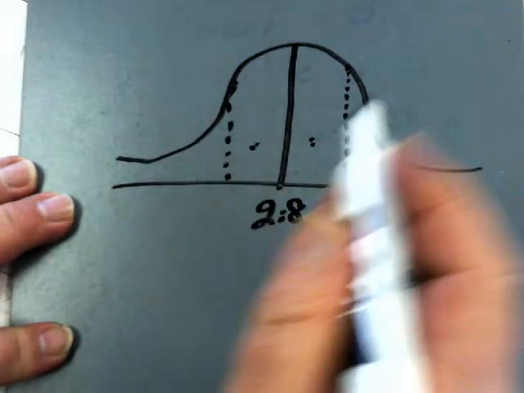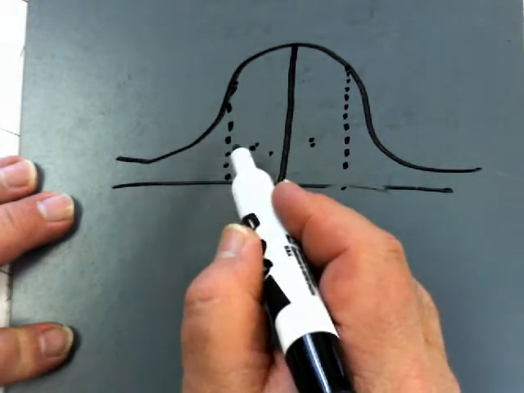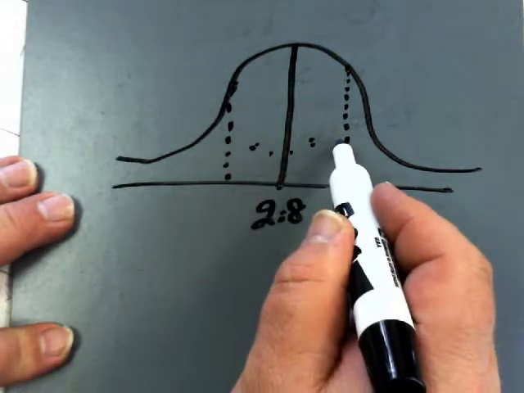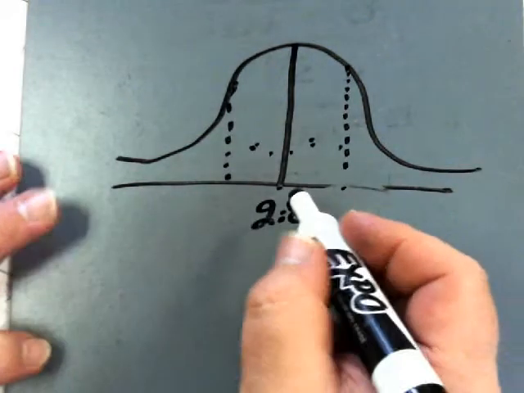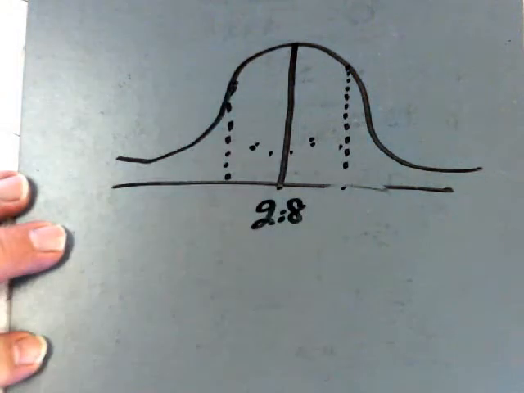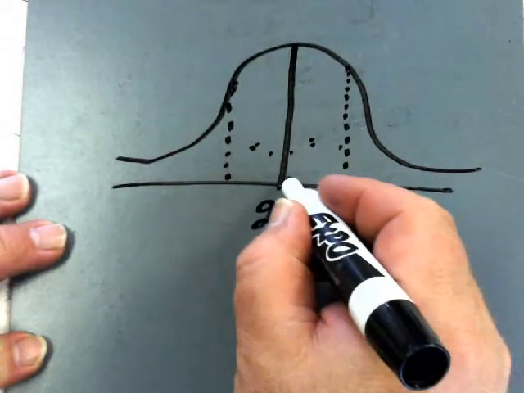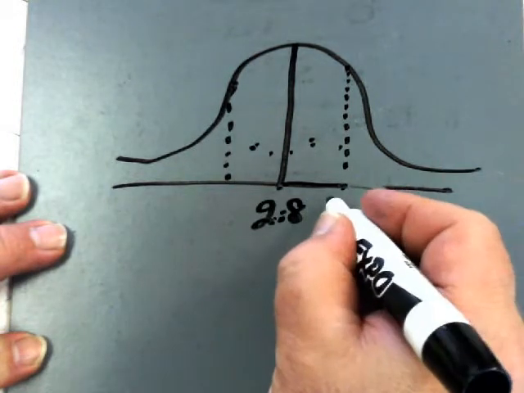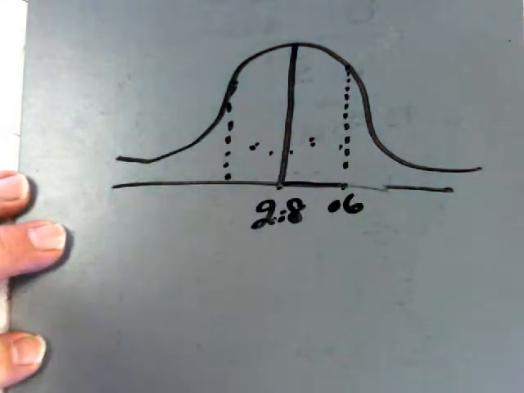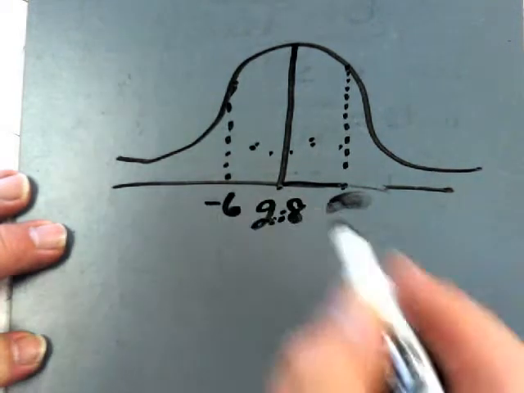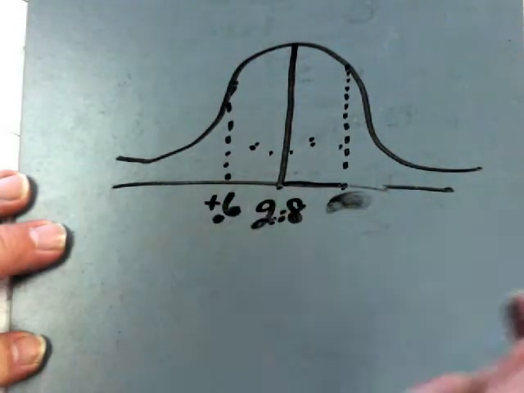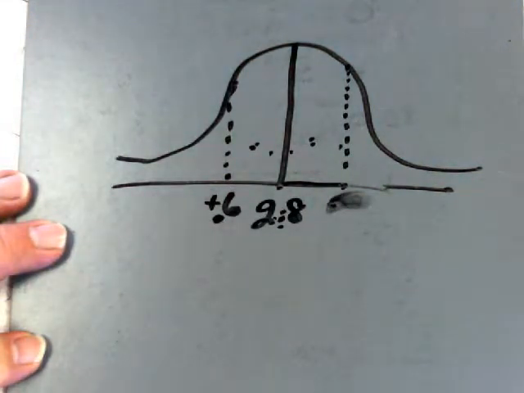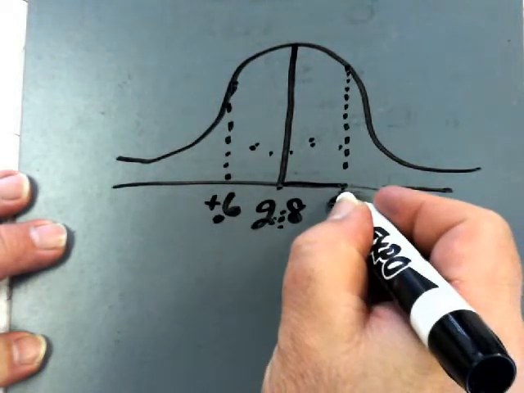So 34% falls to the left of the mean, 34% falls to the right of that mean, if it was a normal curve. And the standard deviation was 2.2, which means from here to here it would be 2.8 minus 2.2, so this one would be 0.6. And 2.2 added to 2.8 would be about 5.